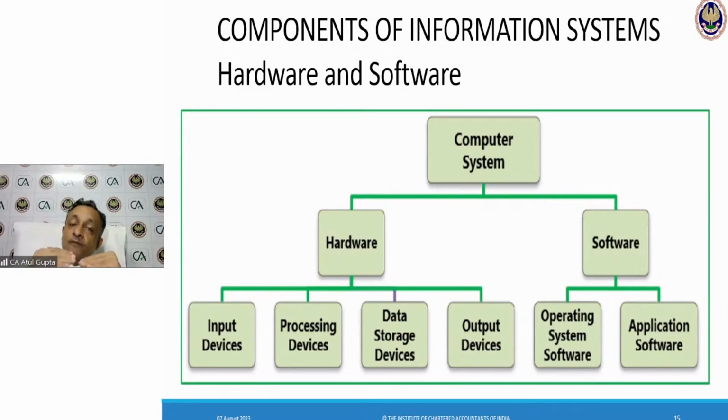Those which create the necessary man-machine interface are system software. Within system software, one is operating system software. There are others, but operating system software captures more than 90% of the footprint of system software. That is the most used, most understood. That is why we are talking about operating system software.